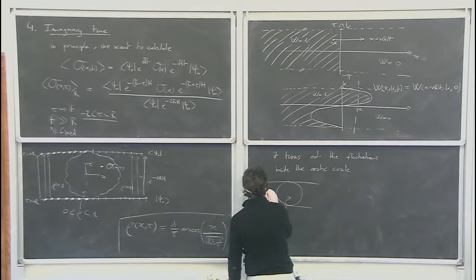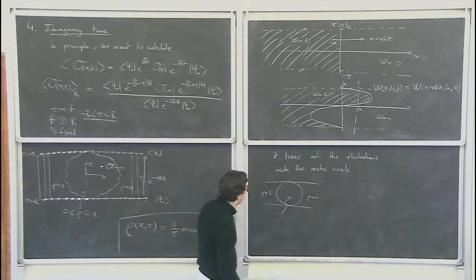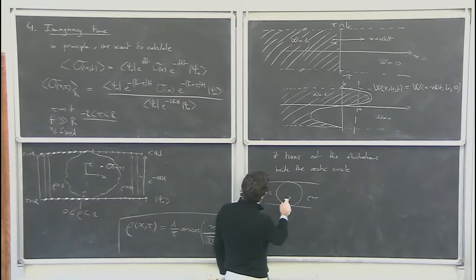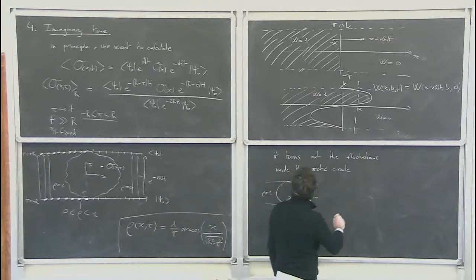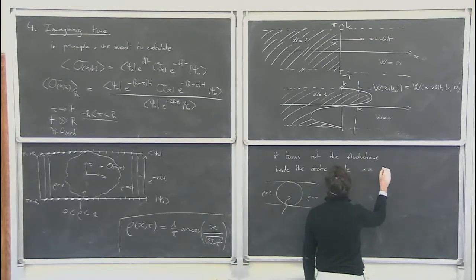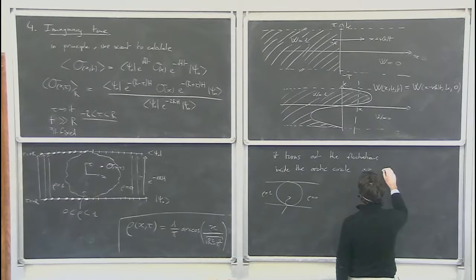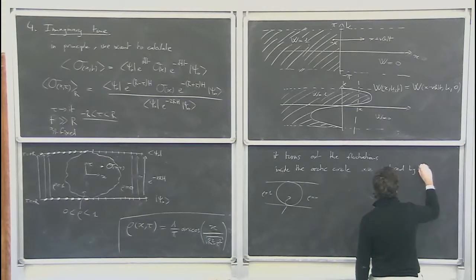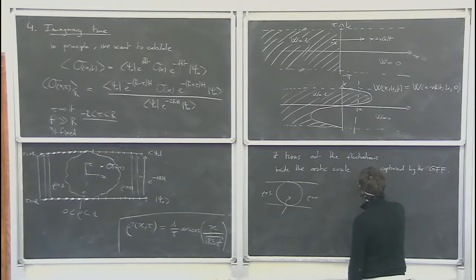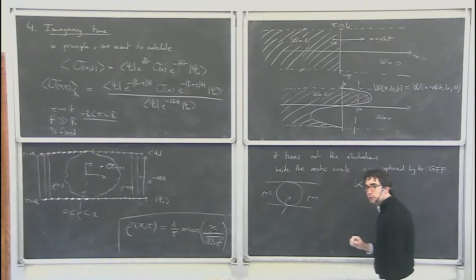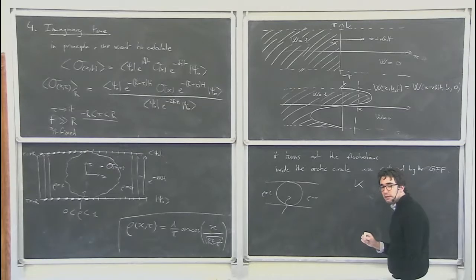So again, this is rho equals 1, rho equals 0, and here we have some interesting density profile. So the fluctuations inside that region are captured by a Gaussian free field, by the GFF, at some value of k. So just to check that you're following, what's the value of k?